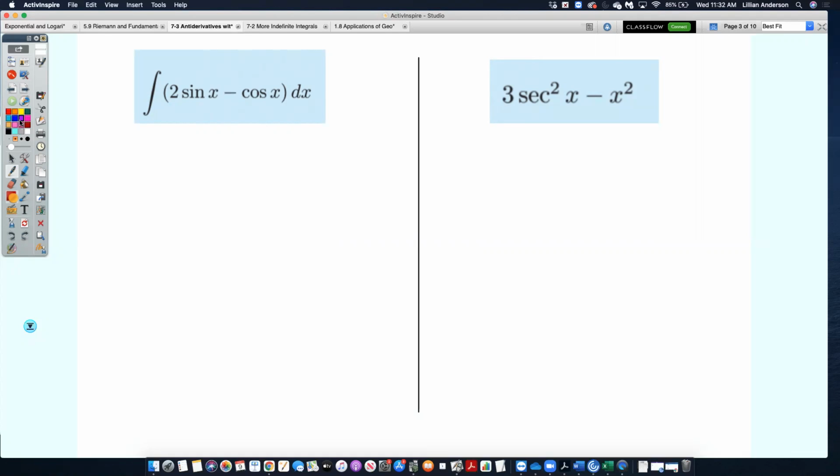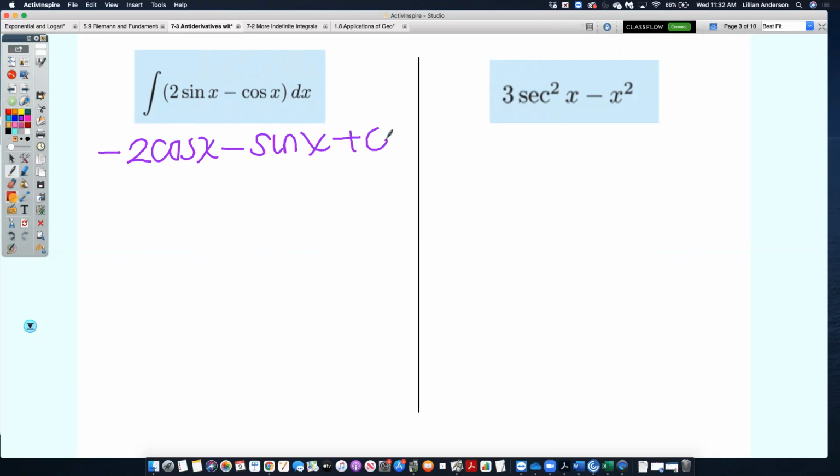What's the antiderivative of sine x? Careful. It's a negative cosine x. So then it's going to be negative 2 cosine x. And then the antiderivative of cosine x is? It's a positive sine x, so then that minus just gets brought down, and then you have your plus c.